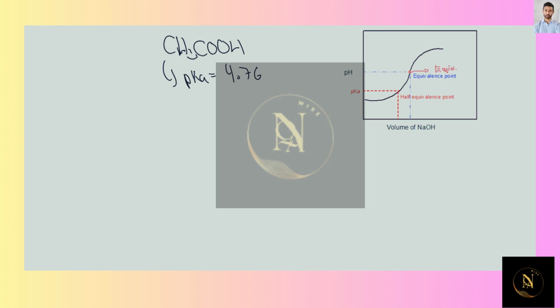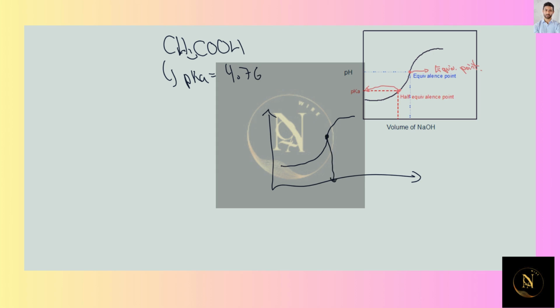Okay. Now, when you see the curve, we're going to have the equivalence point. This is when we have added the same amount of sodium hydroxide, and at the half equivalence point, we're going to see that the pH is equal to the pKa. So with the graph of pH versus volume of sodium hydroxide, you're going to find the equivalence point.